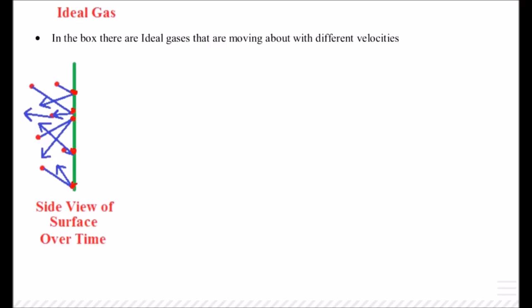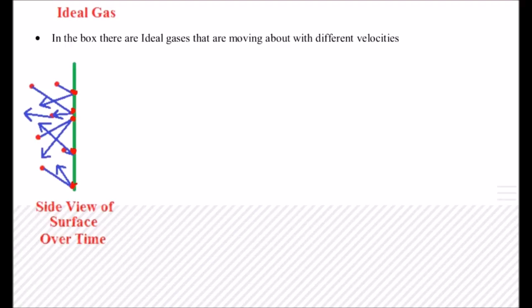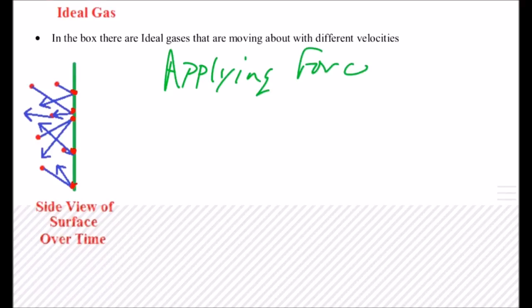Okay, well, if you're making contact with something, if you're touching something, then what else do we remember has to be true about that situation if you're touching something or something's touching you? We must be applying a force. Remember, there's only two types of forces in the universe.